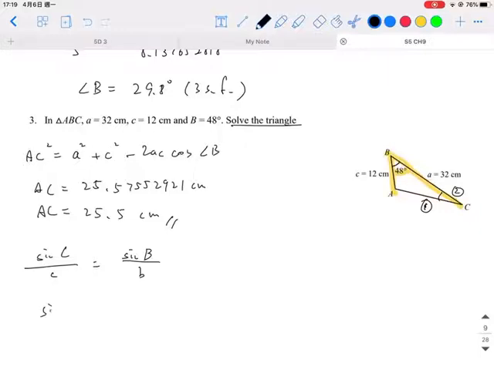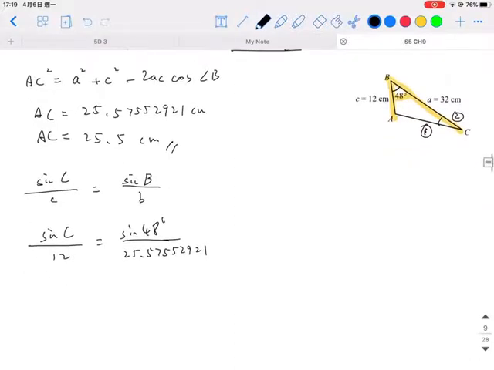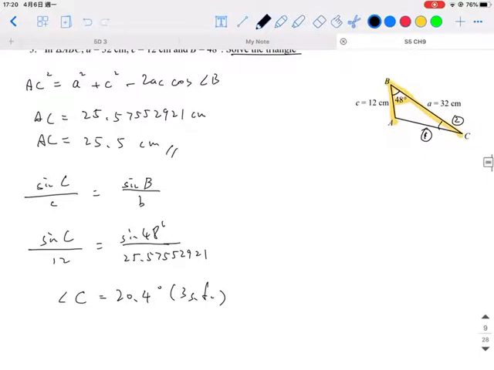So sine C over 12 is equal to sine 48 over 25 something. So angle C is equal to 20.4 degrees, 3 significant figures.